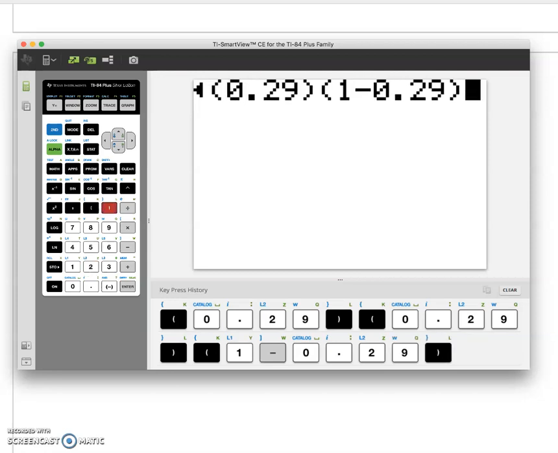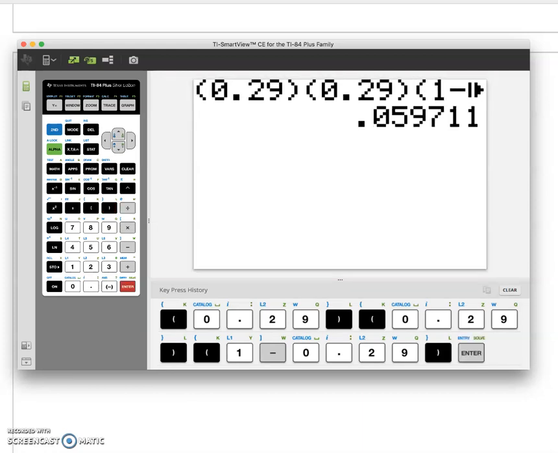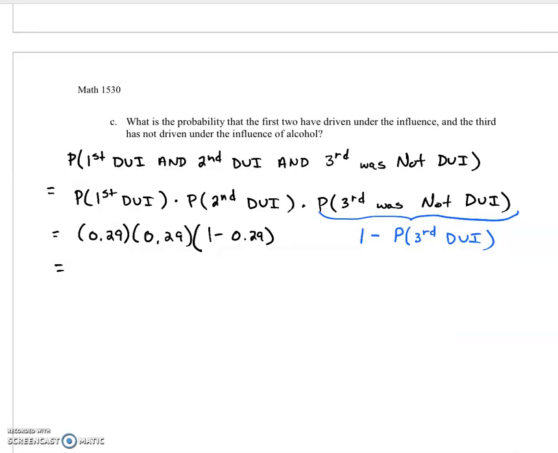And all three of those should be in parentheses, just like the way I typed them in. And when we hit enter, we get 0.059711. So 0.05, and we'll just leave it at 97.